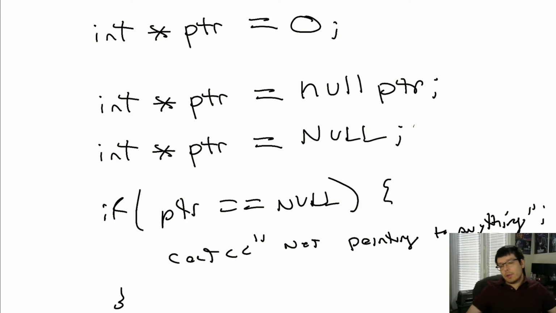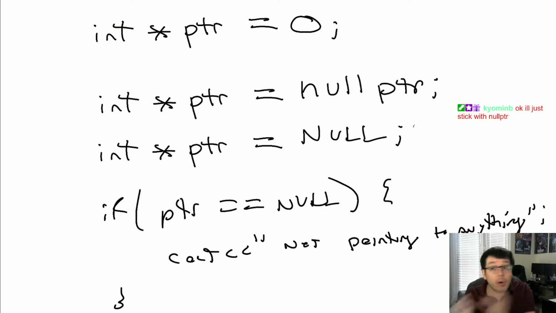So really, if you're using C++11, stick to nullptr, but at least be consistent, okay? Because technically speaking, there is a difference between them. You might run into some issues if a class is created with nullptr and you're trying to use NULL with it. But for like 99.9% of the cases, they are going to be the same. So stick to nullptr, always. Don't just throw in NULL randomly in there.